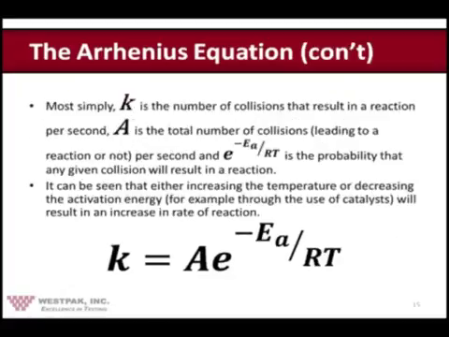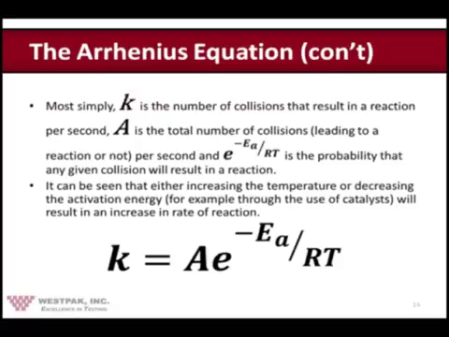Most simply, in the Arrhenius equation, k is the number of collisions that result in a reaction per second. A, this prefactor, is the number of collisions per second, whether or not they lead to a reaction. And then this factor e to the power of minus activation energy divided by the gas constant times the temperature, in Kelvin, is the probability that any given collision will result in a reaction.